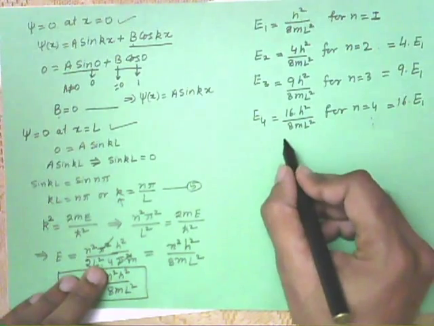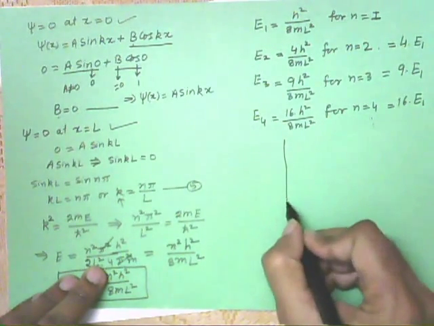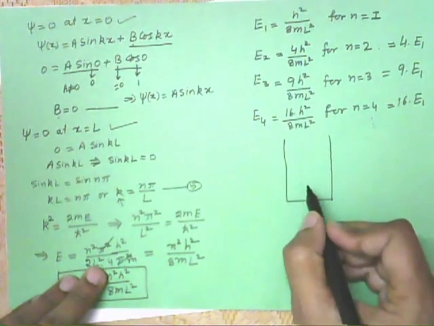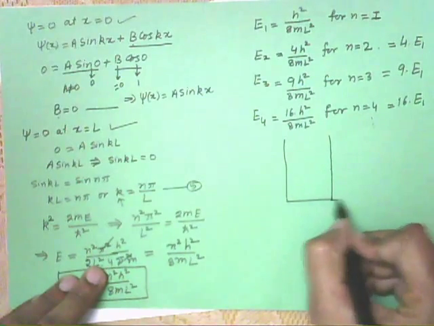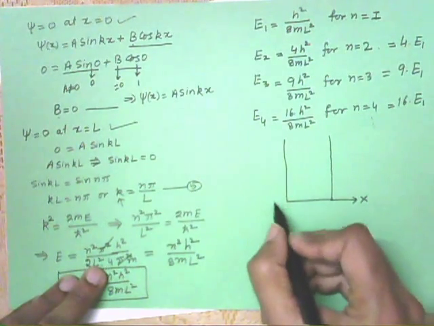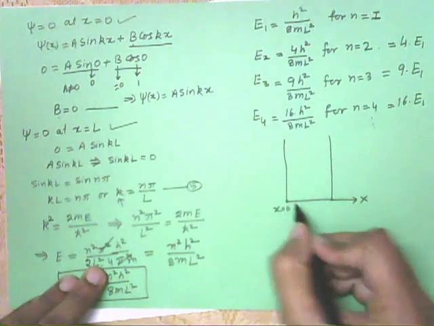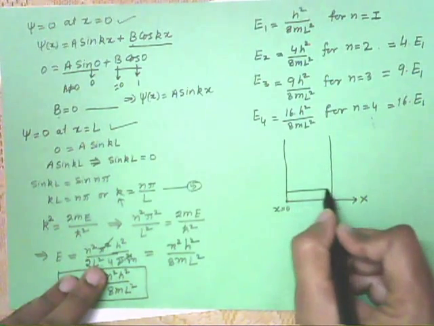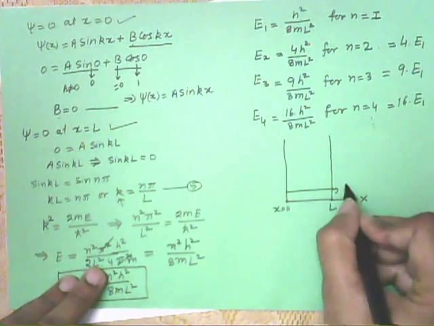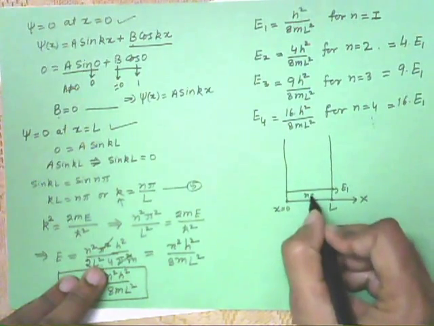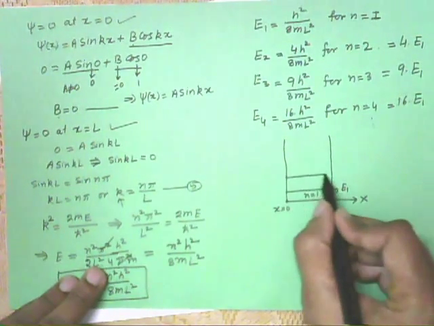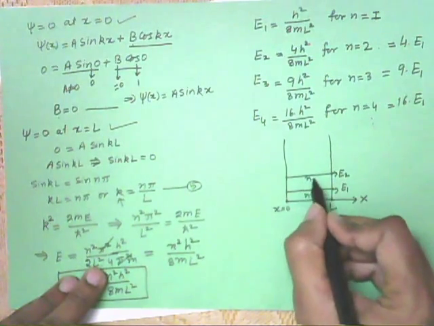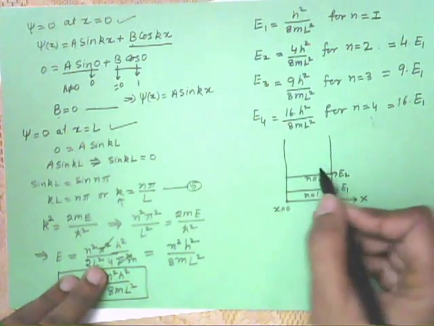If we draw the energy levels in a one dimensional infinite potential well, this is the x-axis, x is equal to 0 is our origin, and this is L. So this is E1 for n is equal to 1, and E2 corresponds to n is equal to 2.